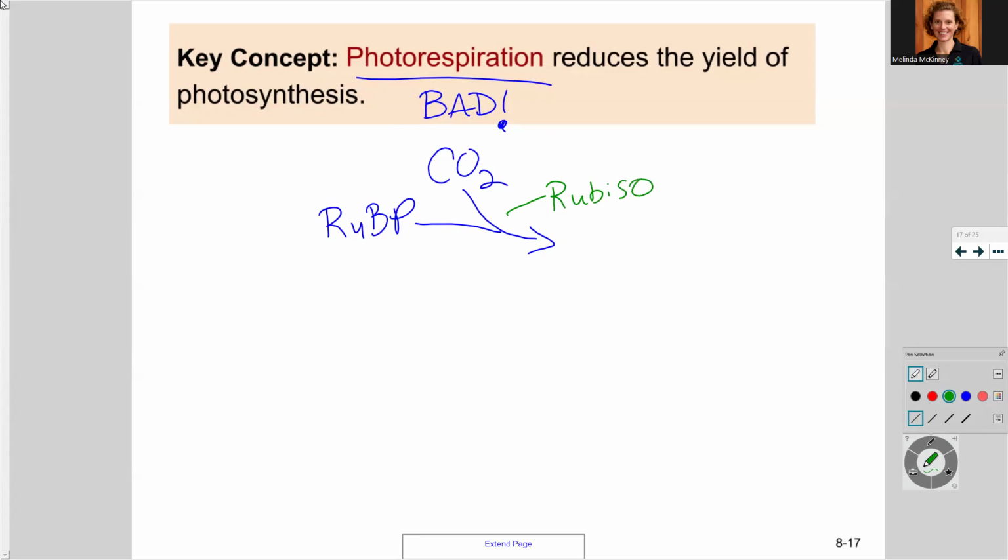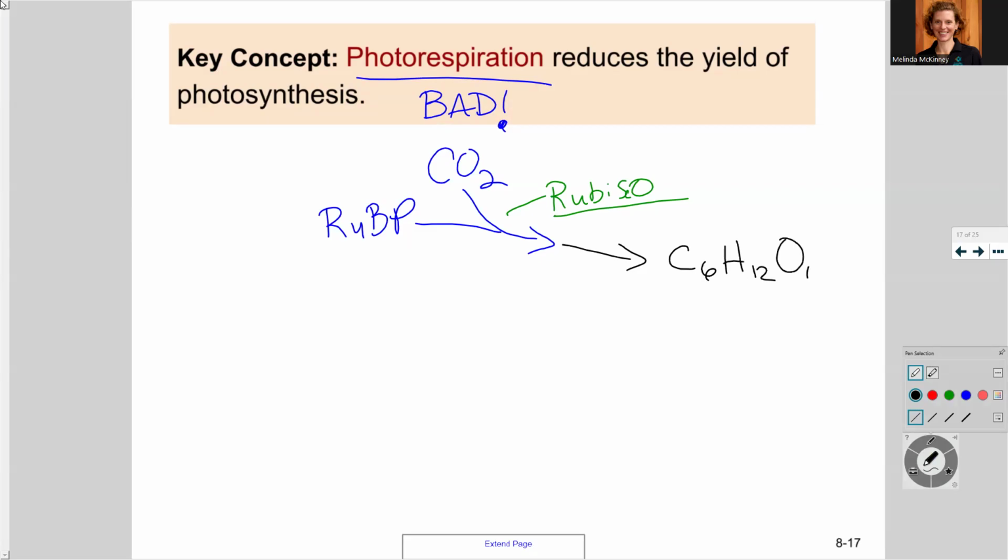Okay. So this enzyme actually can catalyze 2 different reactions. It can catalyze a reaction with carbon dioxide, which ultimately results in glucose, which is great, right? We want glucose, so we want sugar.